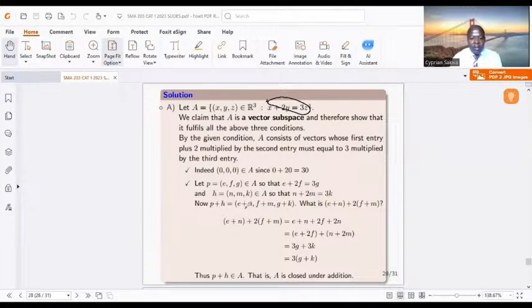Let me pick the first 2 elements. E plus N plus 2 multiplied by the second element. What does it do? It's E plus N plus 2F plus 2M.